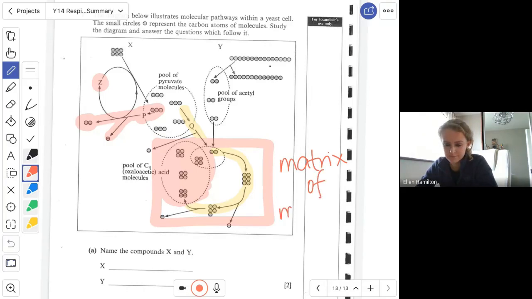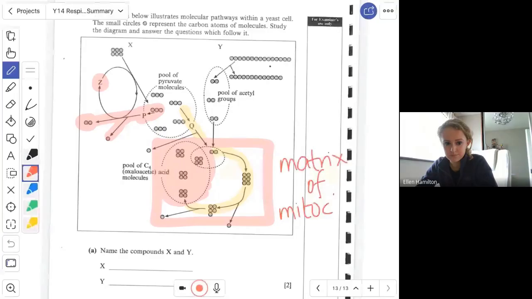Finally, briefly explain how the combination of the C4 acid and an acetyl group eventually leads to the production of ATP. Now, there's 4 marks for this. We know that in the Krebs cycle, we get 1 molecule of ATP being produced by substrate level phosphorylation.